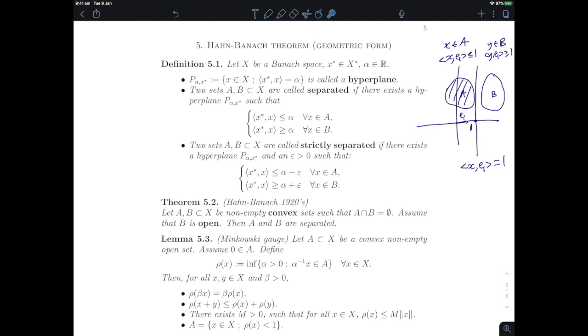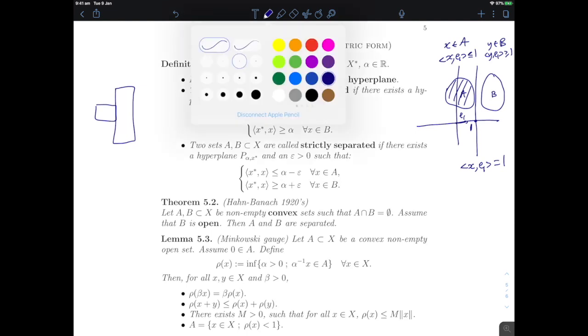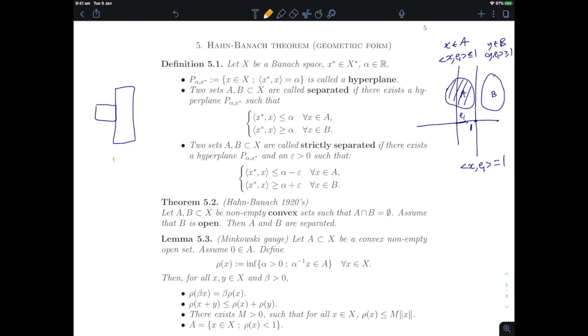Now, here the two sets are even more than separated, they're strictly separated. You could be in a situation, let me draw something else here. You could have, let's say, this square and then this rectangle. Now, they're also separated by a hyperplane. They're separated by this hyperplane here, but really now the inequalities are not going to be strict inequalities, right?